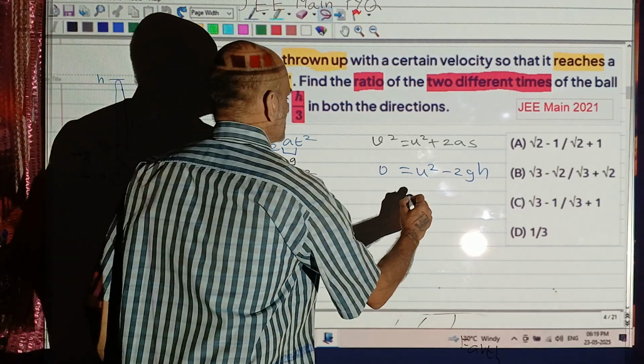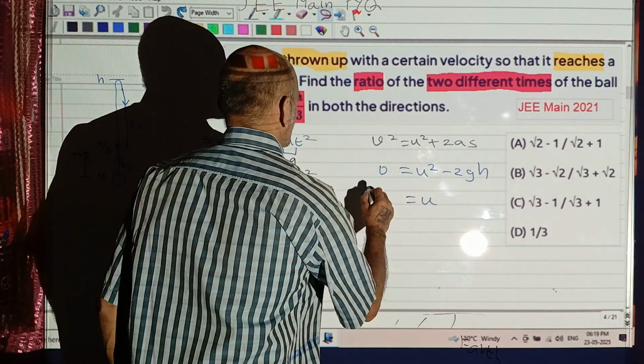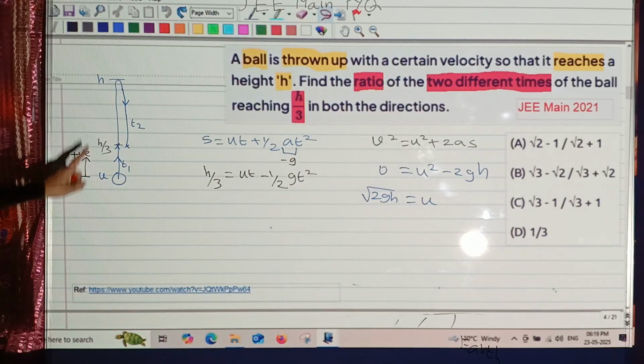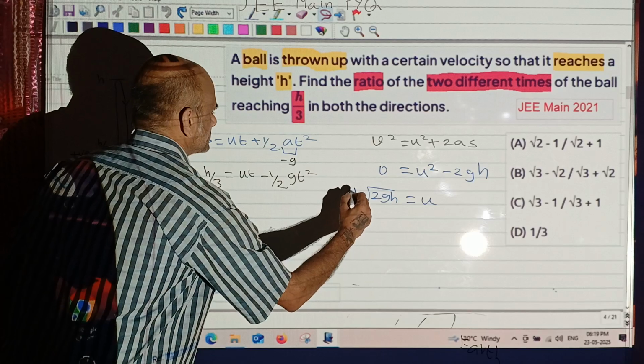So this will give me the initial velocity u as square root of 2gh. And the initial velocity is upwards because it's thrown upwards, and that is positive, so we have to take a positive sign.